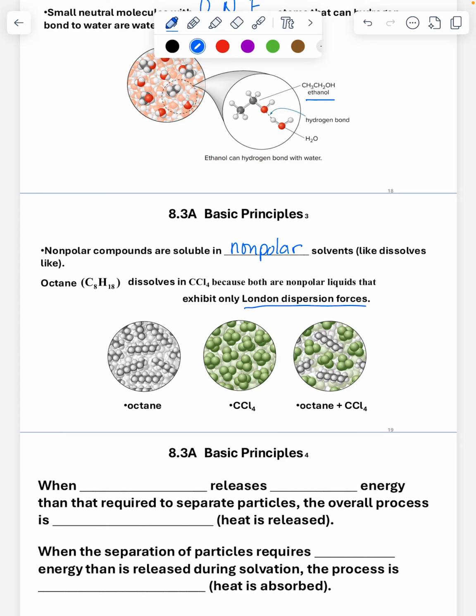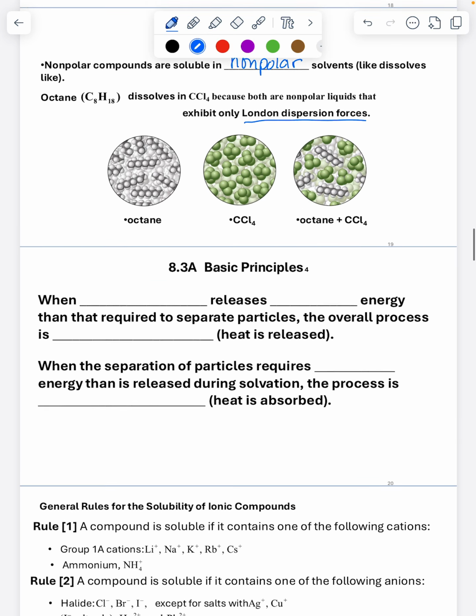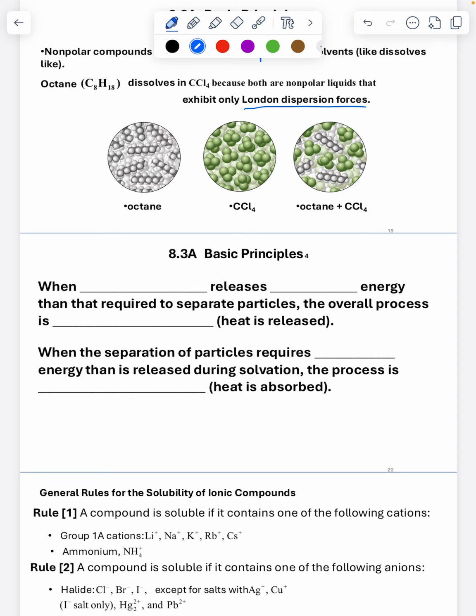So when you are dissolving a solute in a solvent, this process is called solvation. So when solvation releases more energy than that required to separate the particles, then the overall process is exothermic. Exothermic means that heat is released.